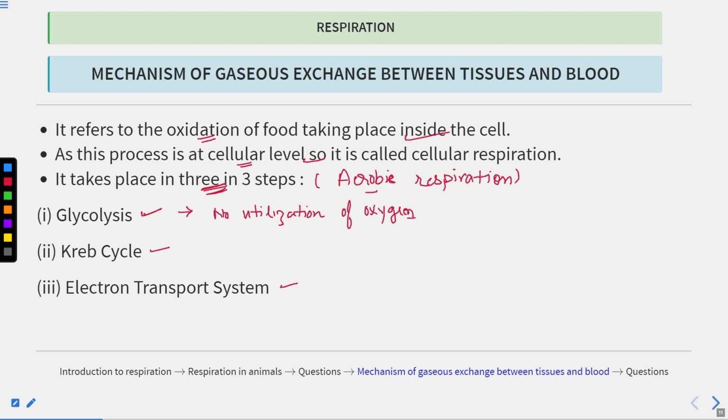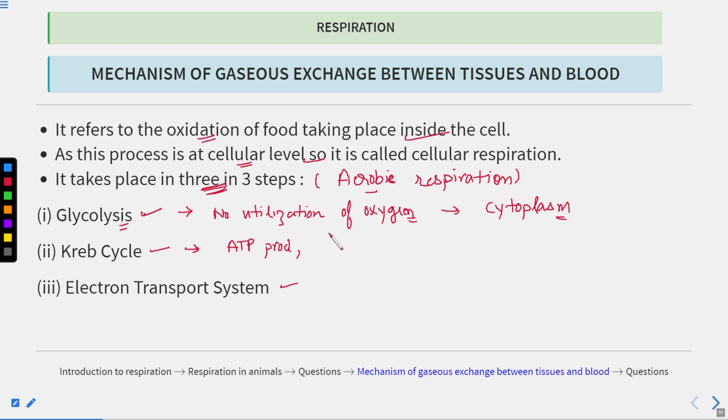Okay, what is the site of glycolysis? Glycolysis takes place in the cytoplasm, and at the end of glycolysis glucose is broken down into pyruvic acid.